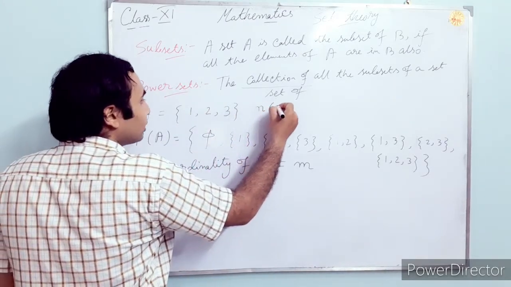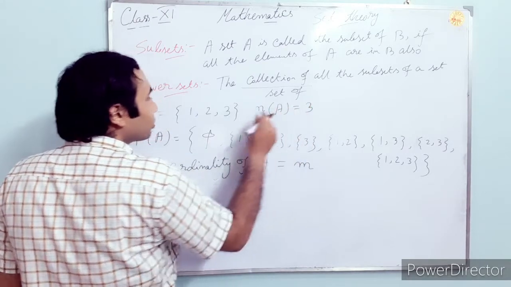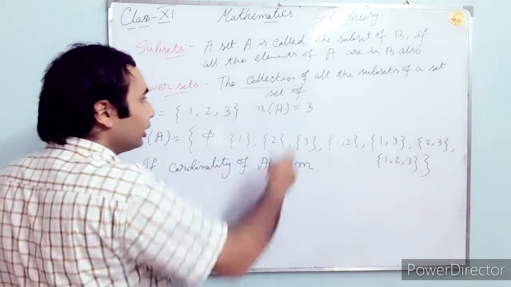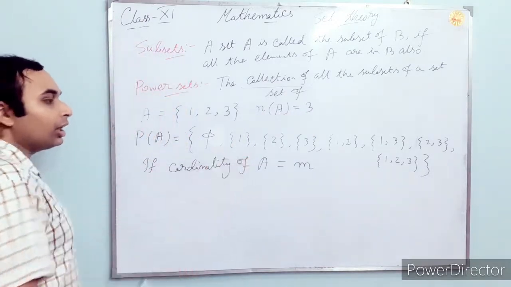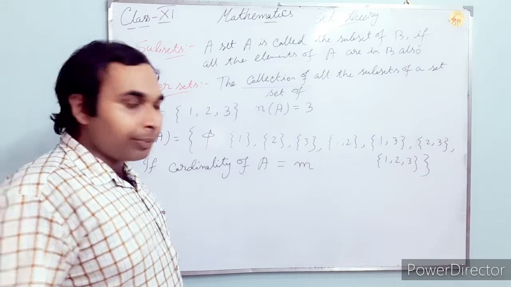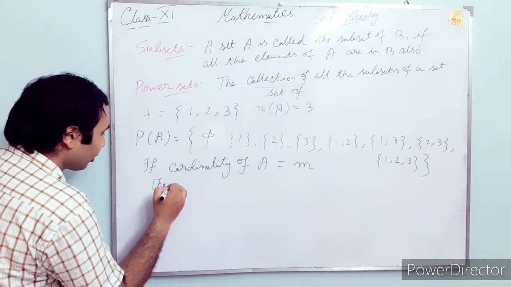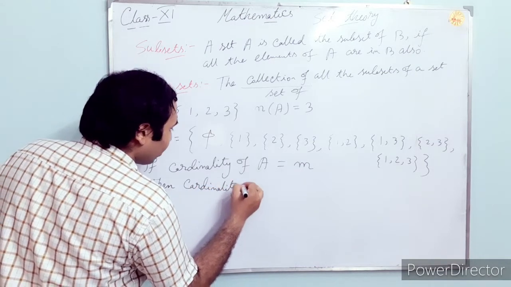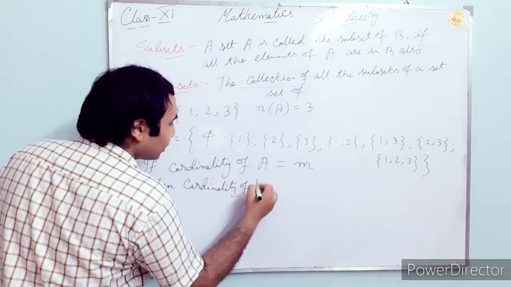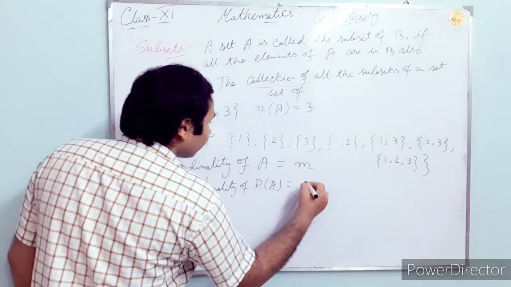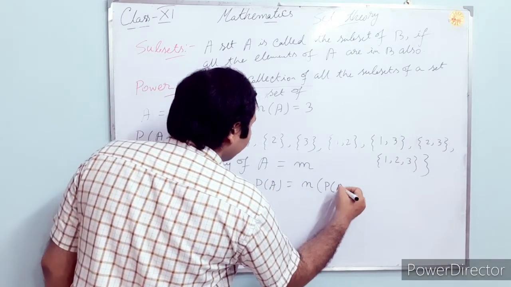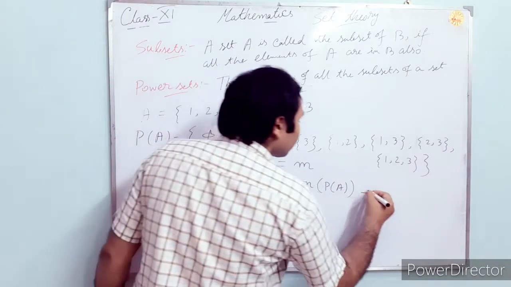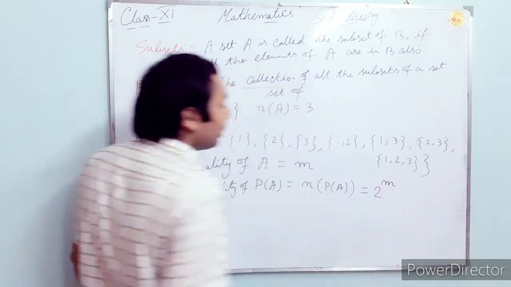Here this is written as n(A) equals to 3. n(A) means number of elements, 3. So if the cardinality of A equals M, then the cardinality of its power set, that is P(A), denoted as n(P(A)), the cardinality of the power set equals 2 to the power M.